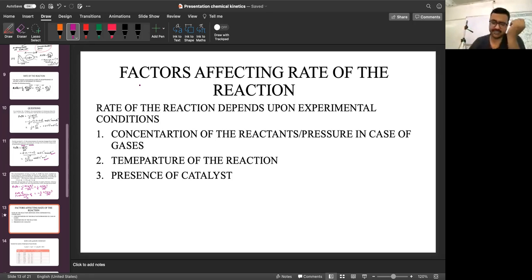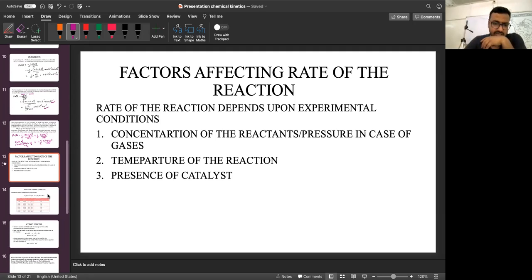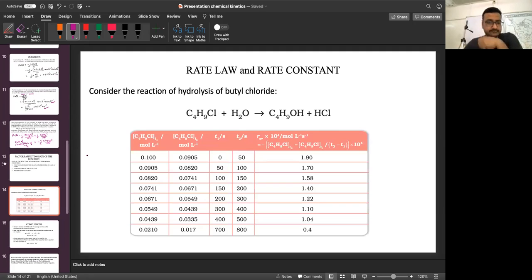And it's a simple thing, you know that. In the previous classes we have read that. Let us study with an example. See what we have here. We have a reaction which is a hydrolysis of butyl chloride, and we have the data for this reaction.